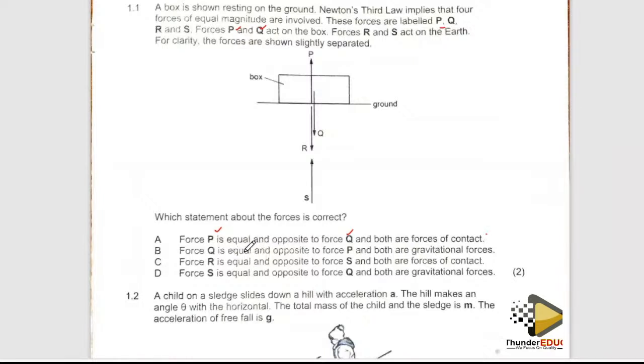Force Q is equal but opposite to force P, and both are gravitational. Force R is equal and opposite to force S, and both are forces of contact. Force S is equal and opposite to force Q, and both are gravitational.